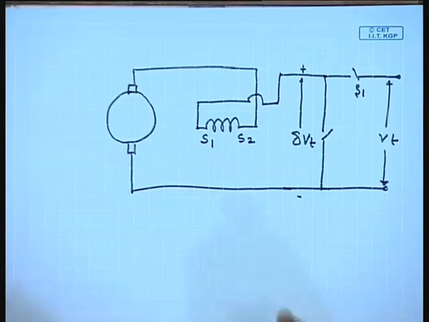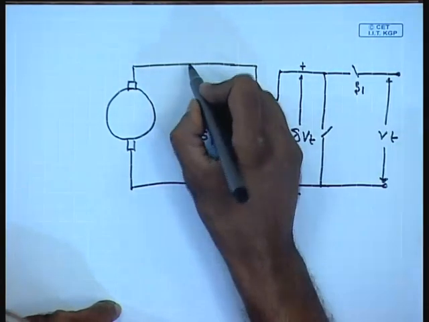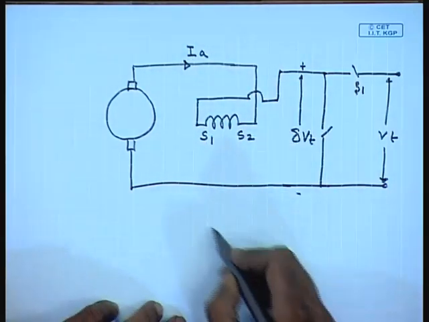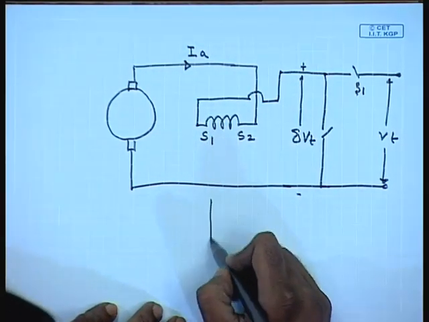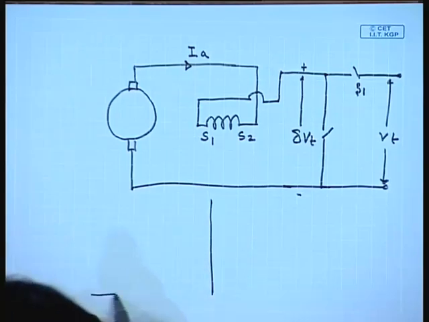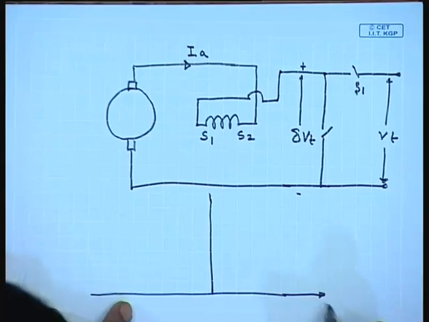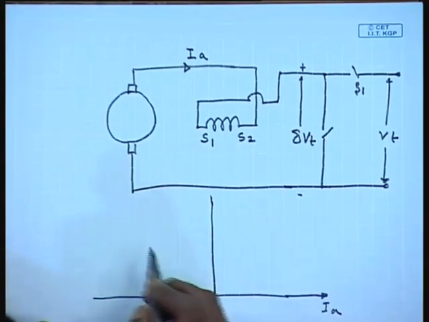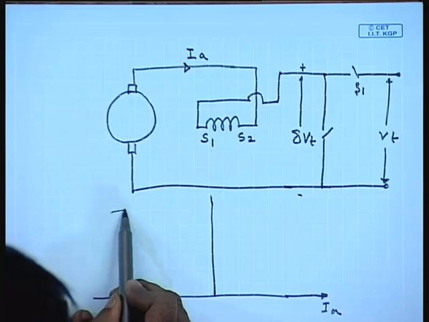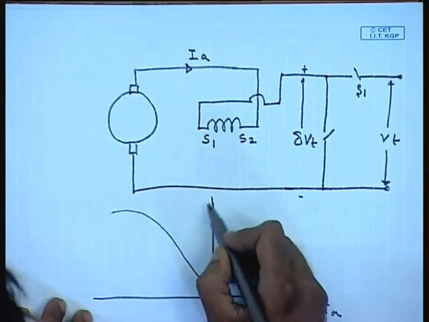Now, since we have reversed the field winding, for negative current the generated E will be positive.